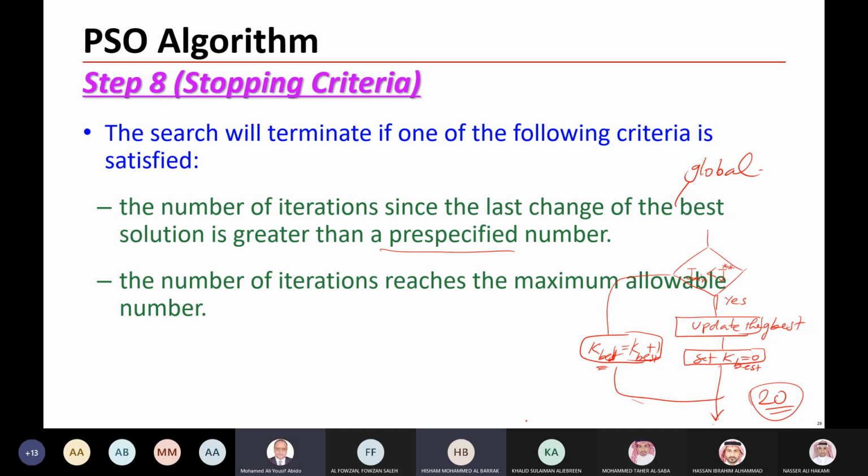This is another difference, as I mentioned, between particle swarm and the genetic algorithm. You have a kind of memory here, and the search has a memory.